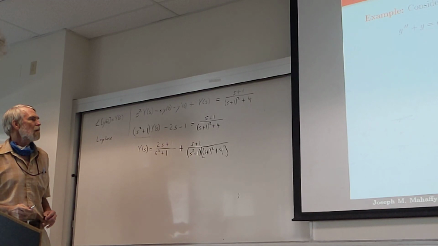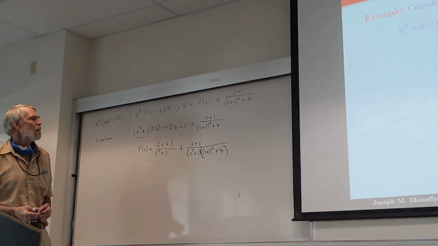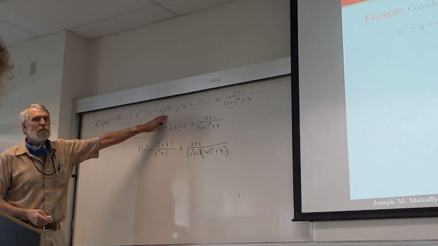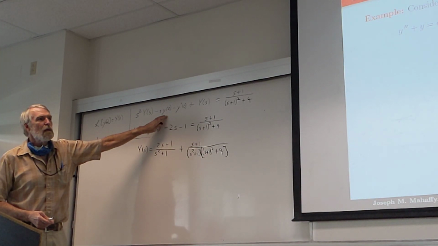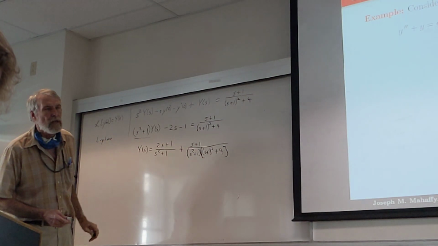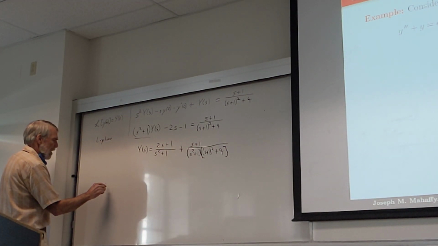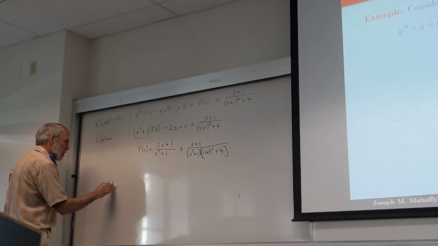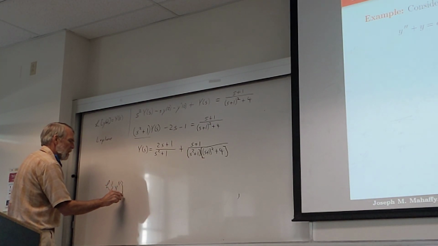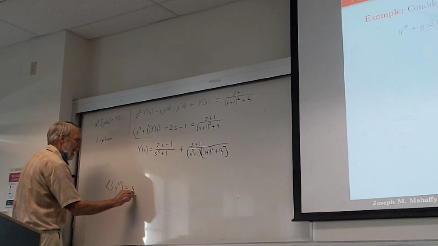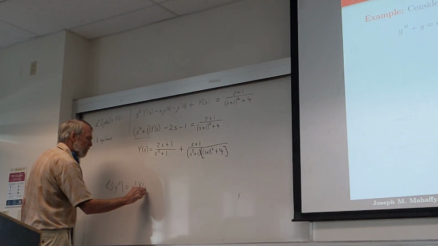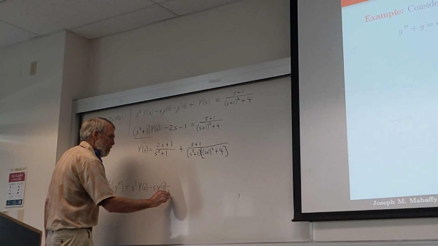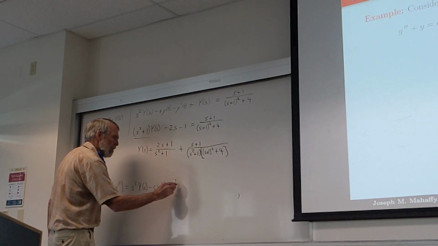Question? Would the s next to the y of 0 be s plus 1 too? Why not? No, this is the theorem. You missed what I erased over there, but the theorem said that the Laplace of y double prime is equal to s squared y of s minus s y of 0 minus y prime of 0.